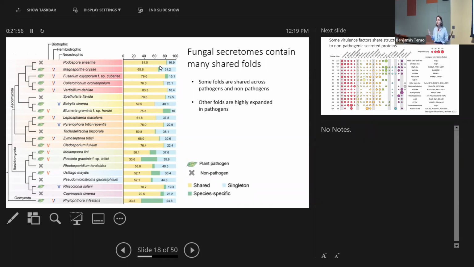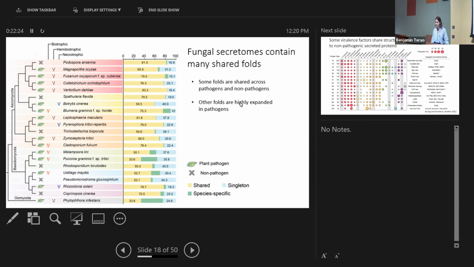I'm happy to talk about it separately. But we saw that many folds were shared across pathogens and non-pathogens, and also many folds were highly expanded in pathogens. But what I'm going to show you next is that there isn't one rule for how a pathogen can become a pathogen. Different fungal pathogens have slightly different sets of highly expanded folds.